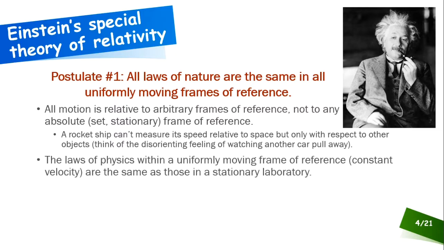Now, one of the fallouts from Einstein's first postulate here is that the laws of physics within a uniformly moving frame of reference are the same as those in a stationary laboratory. And this should make some sense if we think about the concept of equilibrium. Remember early on in the course where we talked about how you can have static equilibrium and dynamic equilibrium.